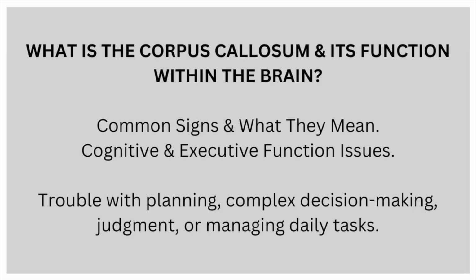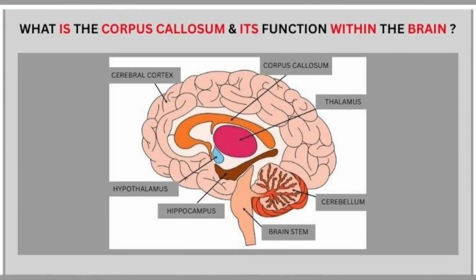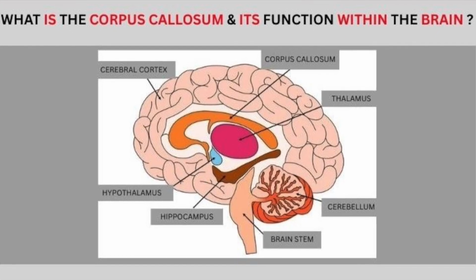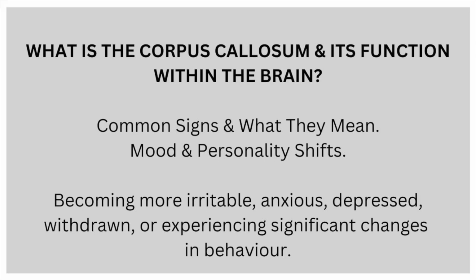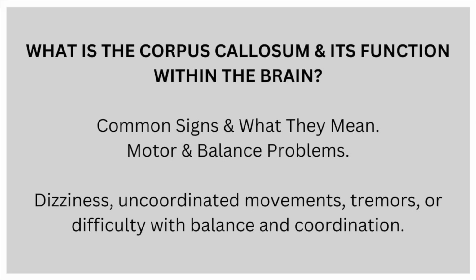Cognitive and executive function issues, trouble with planning, complex decision making, judgment, or managing daily tasks. Mood and personality shifts, becoming more irritable, anxious, depressed or withdrawn, or experiencing significant changes in behaviour. Motor and balance problems, this being dizziness, uncoordinated movements, tremors, or difficulty with balance and coordination.